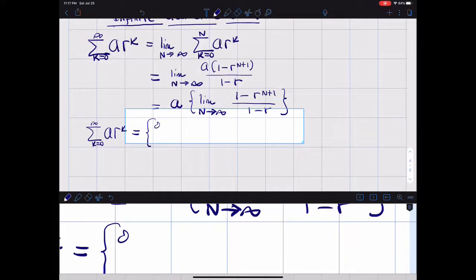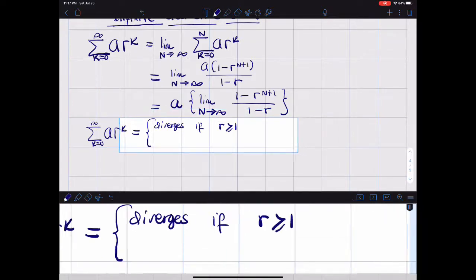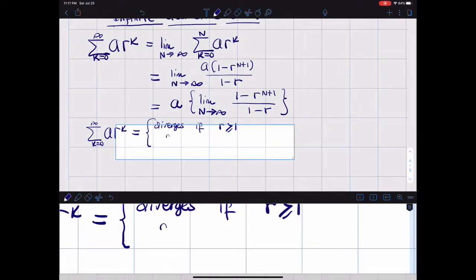So it diverges if r is greater than or equal to 1. And it goes to a over 1 minus r if r is less than 1.